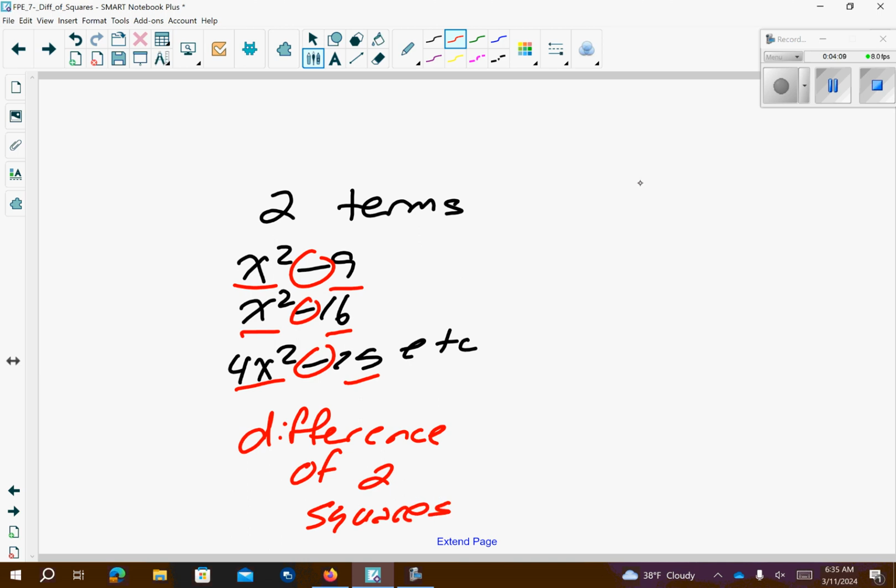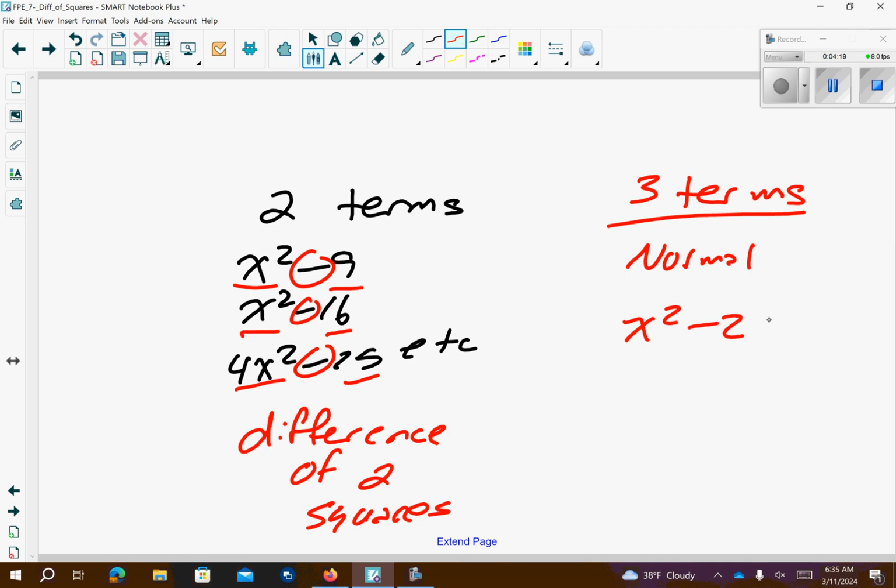When you have three terms in this assignment, just do this normally. So if I had something like number 9, you're going to multiply the first and the last together and just do it like normal, where you get positive 100. What are the factors of 100 that are both the same sign?